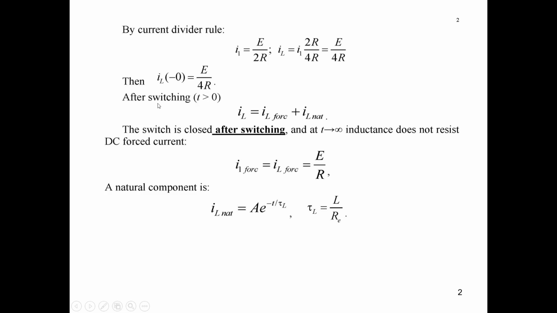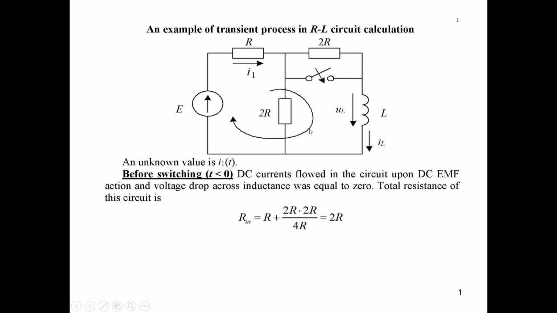After switching, at t greater than 0, we can write down IL, the current through the inductance. I explained to you earlier that all equations should be written relative to this current, because the current through the inductance will be the source of the natural components of the currents of all other branches.